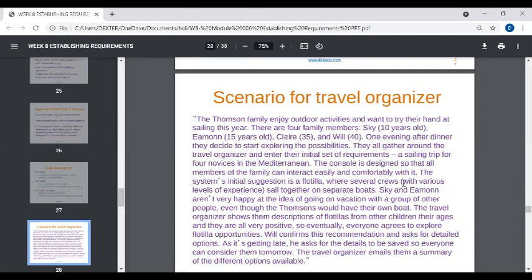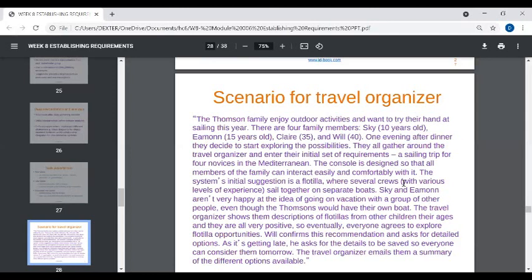One evening after dinner, they decided to start exploring the possibilities. They all gather around the travel organizer and enter their initial set of requirements: a sailing trip for novices in the Mediterranean. The console is designed so that all members of the family can interact easily and comfortably with it.